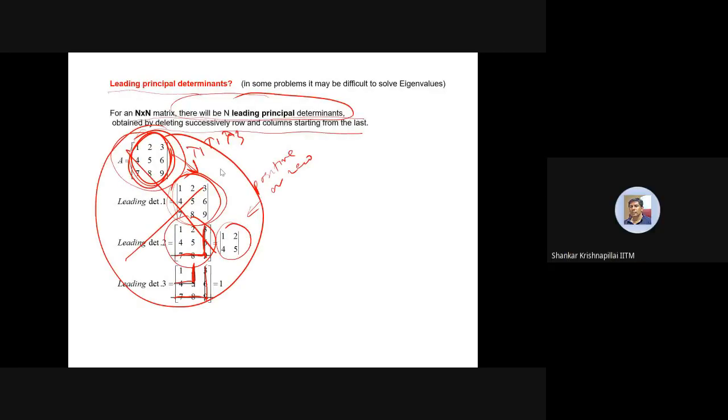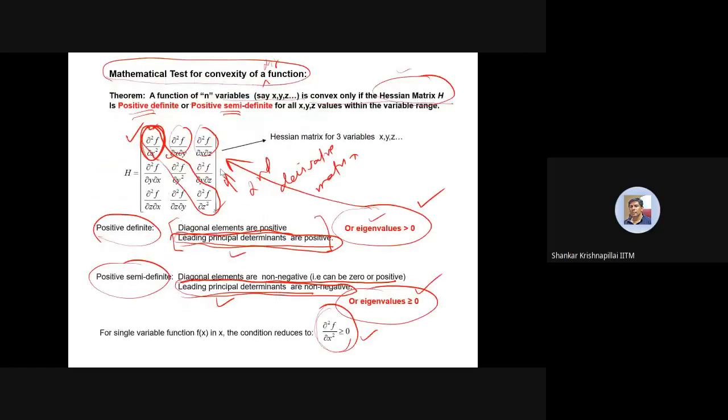What I showed in the last slide, no? Either you do this or you do this. Sometimes you may have to solve a cubic equation here. If x, y, z is there, you may have to solve a cubic equation. To avoid that, you can use this method.